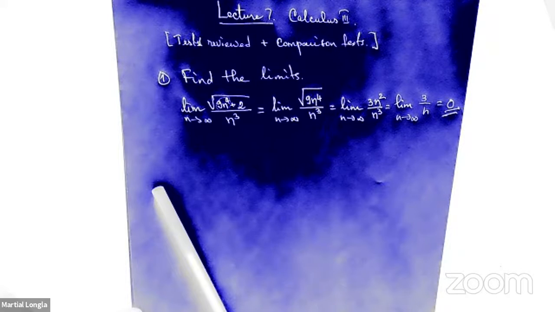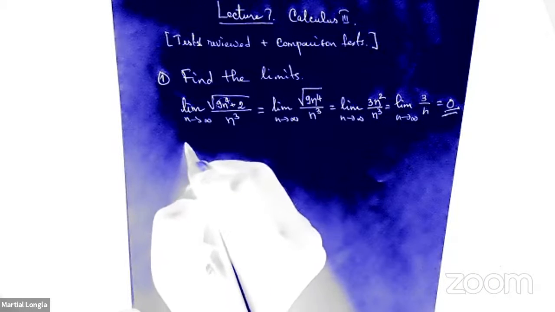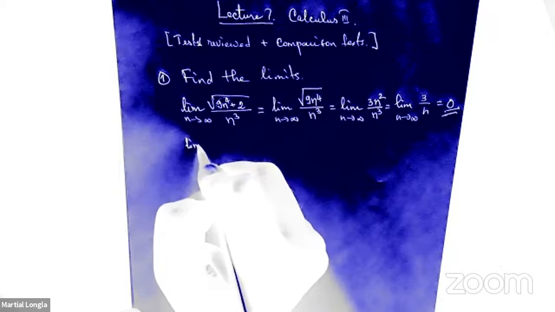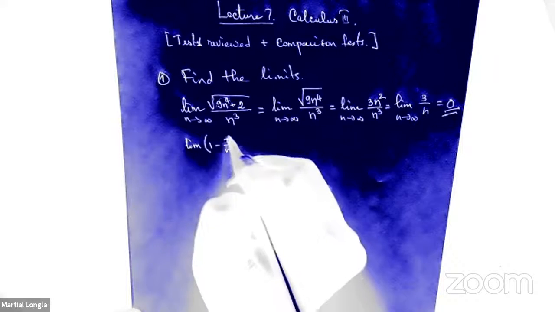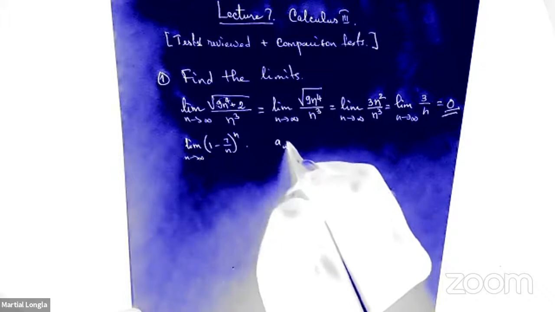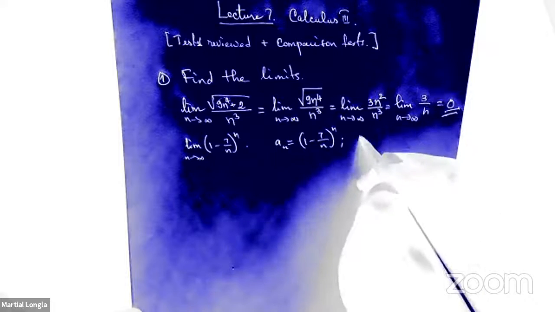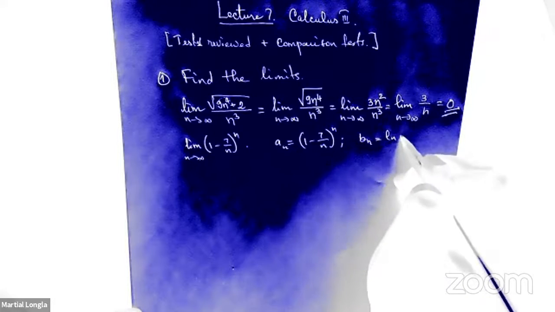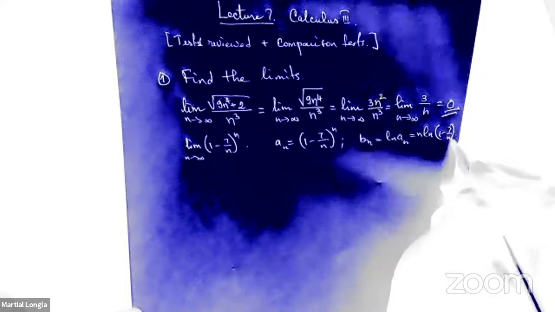For the second one, that's the question where I ask to use the rules that we had for the given question in class to find limit of 1 minus 7 over n to the power n as n goes to infinity. What we do is that we said this is an, 1 minus 7 over n to the n, and we define bn as natural log of an, and that is n natural log of 1 minus 7 over n.